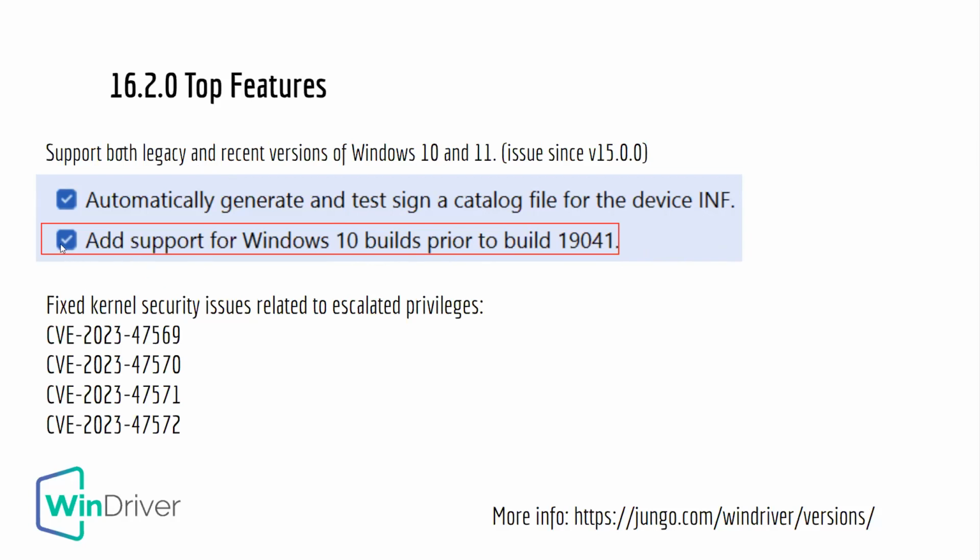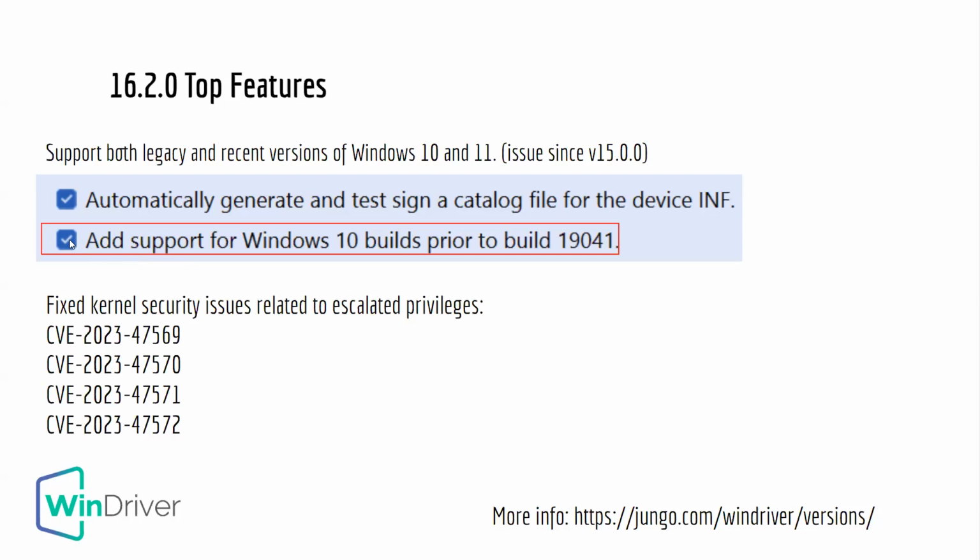All you have to do is check this box when generating an INF on the wizard, and you will be able to install the specific INF on a particular build that is prior to build 19.041. And this is true for the distributions as well.